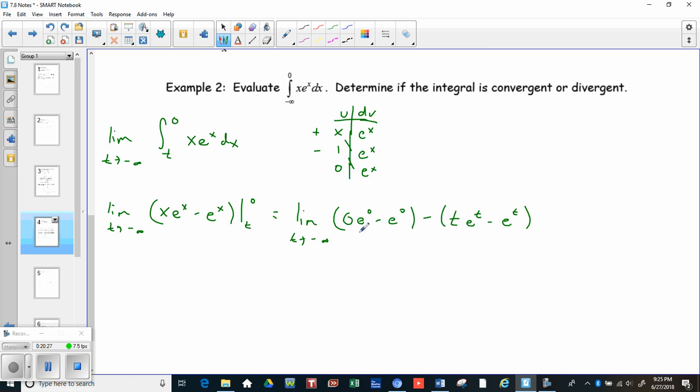Now don't forget, anything to the 0 power is 1. This one is going to be 1 times 0, so that's gone, but this is going to be minus 1, so I'm going to get the limit as t approaches negative infinity. And again, I'm always simplifying before I try to take the limit. This will be minus t e to the t, and this will be plus e to the t.